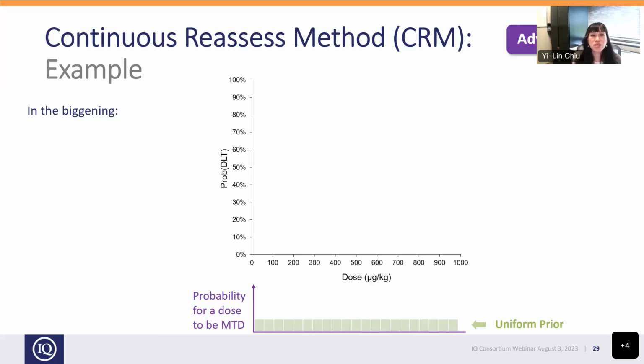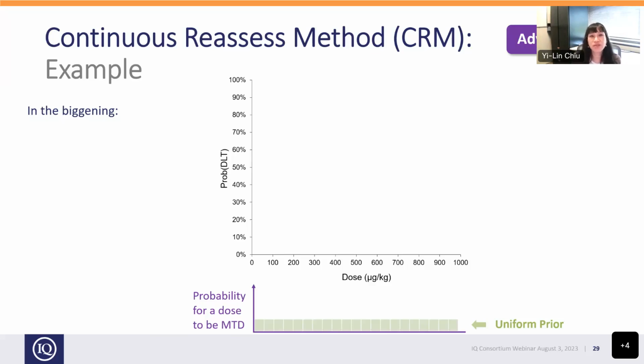So naturally, we can choose a so-called uniform prior. Basically, if we can classify our dose into, say, for example, 20 levels, then that means in the beginning, without much information, each dose can be a candidate for maximum tolerated dose, right?